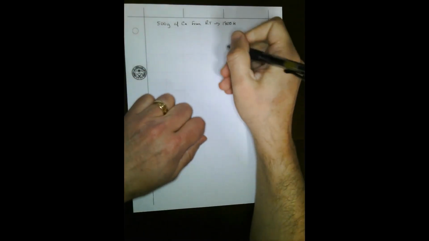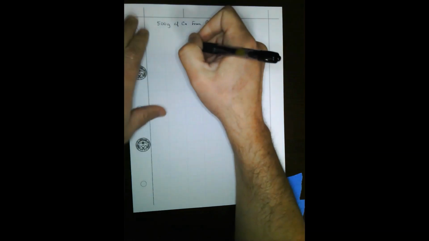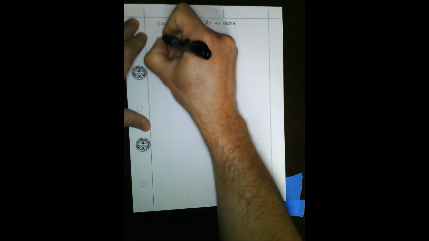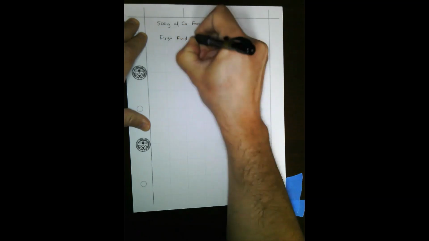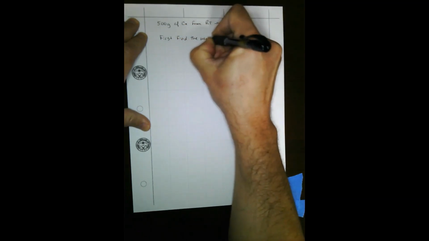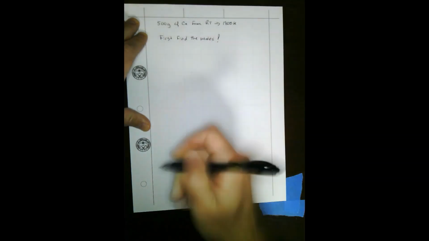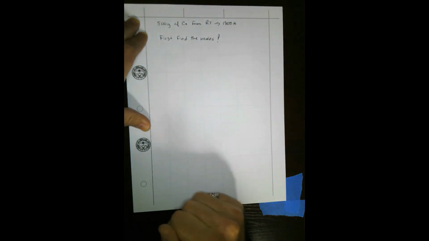The first thing we've got to do is find the moles, and that's kind of a common theme. If you remember, we find the number of moles using the atomic mass of calcium. You can get that off a periodic table.